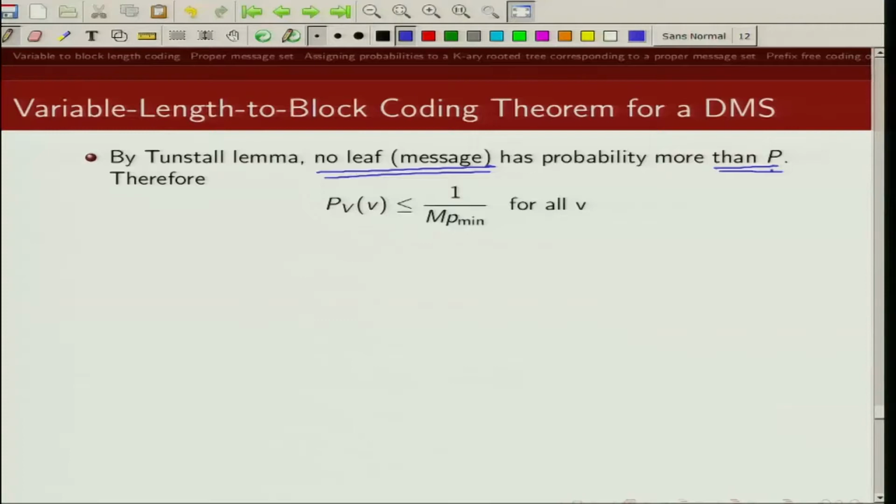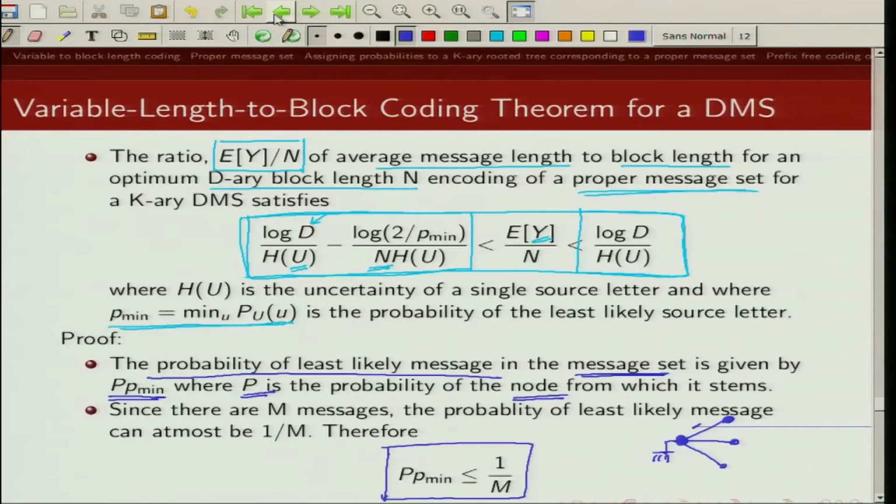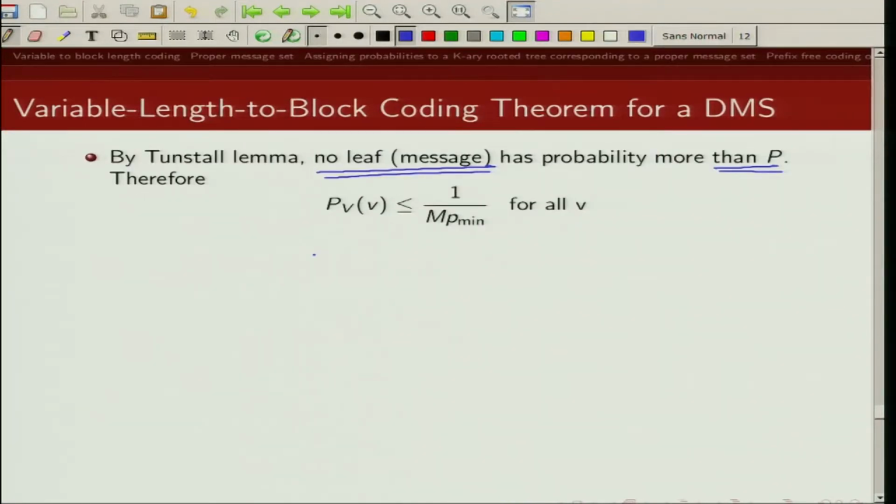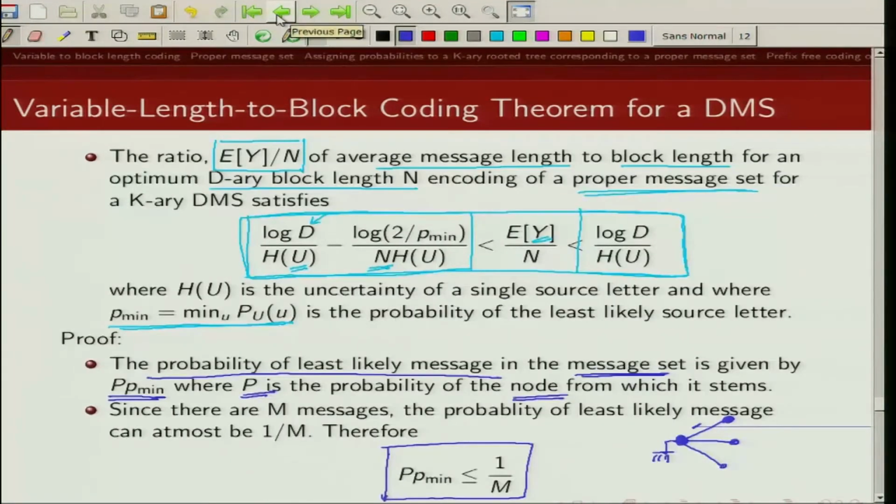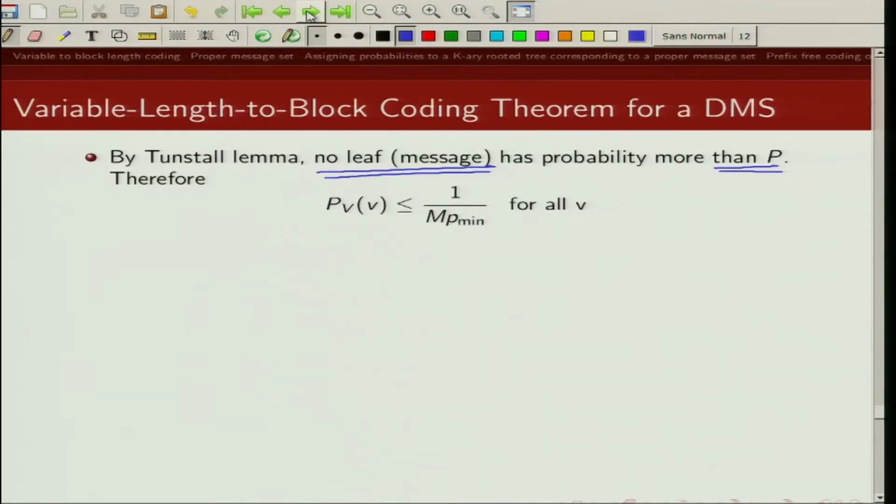So then we can write, if this is the probability, this is the upper bound on the probability of a message which corresponds to the probability of a leaf, then from here we can write p as less than or equal to 1 by P min.